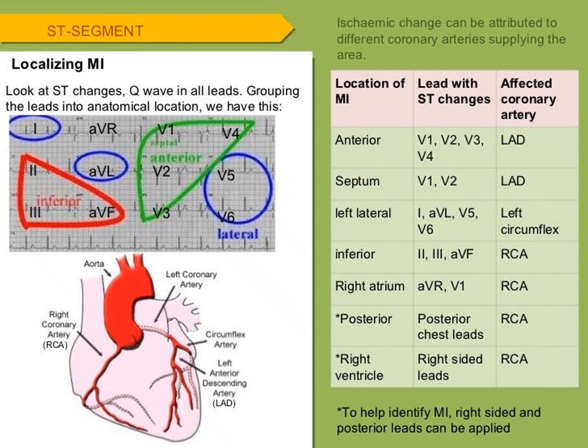And the EKG rhythm strips above can show you different ST changes depending on where those arteries are being affected in those certain lead placements. Then if we look over on the right-hand side of this picture, you can see different ischemic changes which are attributed to the coronary arteries supplying those areas, and further showing you which leads can show ST segment changes depending on which part of the heart is affected.